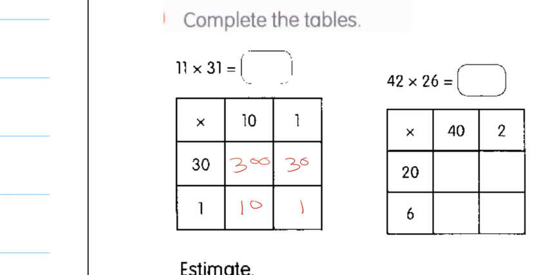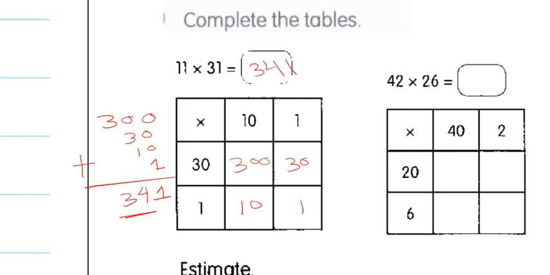Remember to write the numbers from the right side: 003 for 300, 03 for 30, 01 for 10, and 1. 1 plus 0 plus 0 plus 0 gives me 1. 1 plus 3 gives me 4, plus 0 gives me 4. And 3 plus nothing. The answer will be 341.